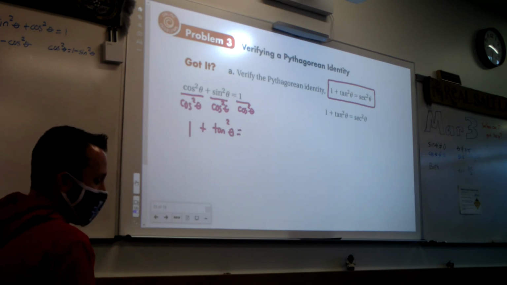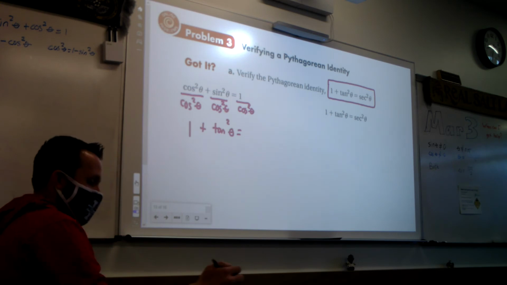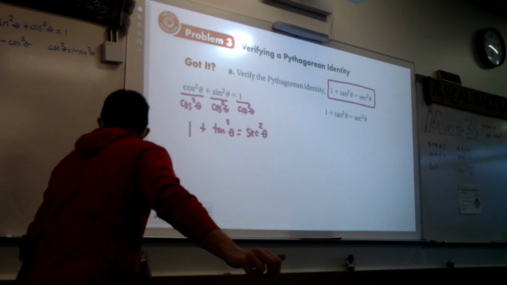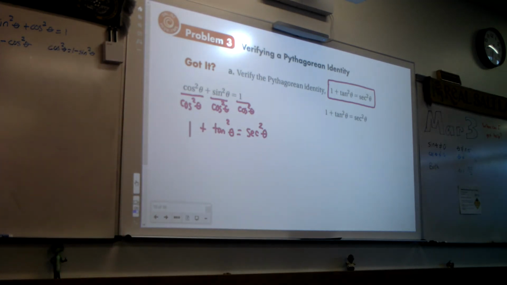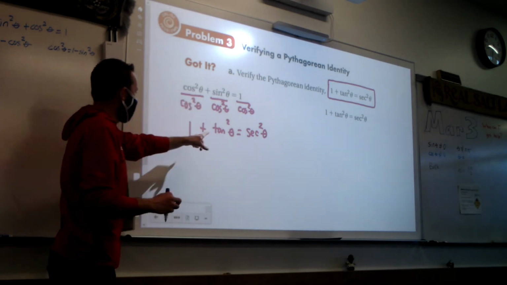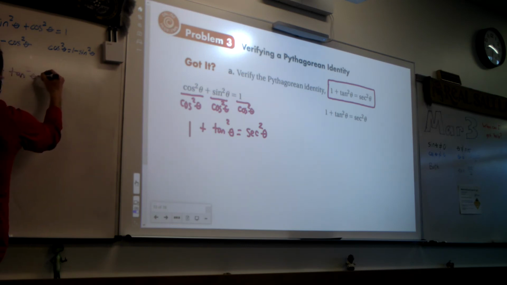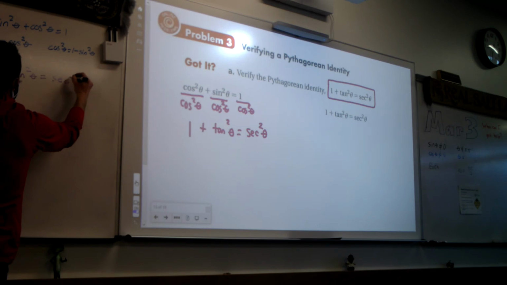And then 1 over cosine squared of theta is going to be secant squared of theta. This is an alternate form, another Pythagorean identity that we're going to use, but it's not using sine and cosine, it's using tangent and secant. So 1 plus tangent squared of theta is equal to secant squared of theta.